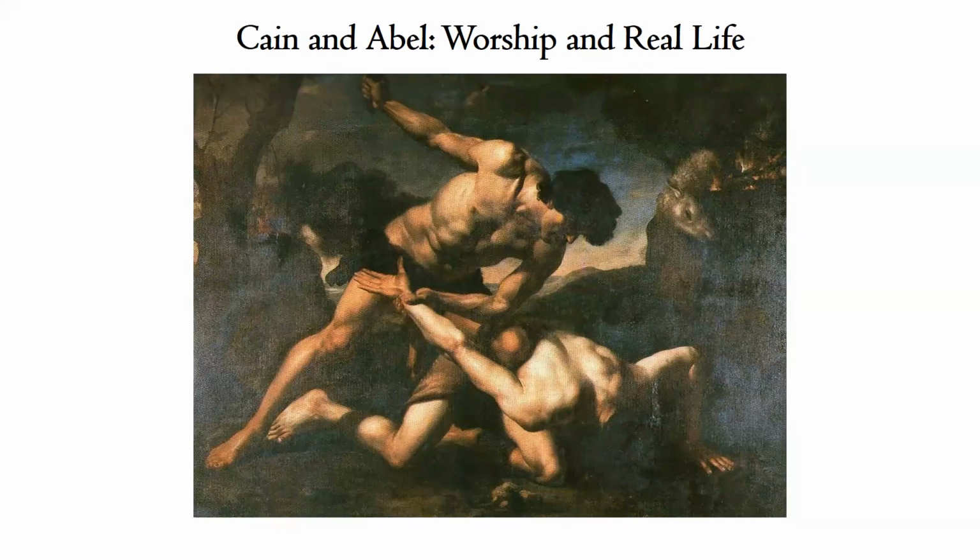Well, you know the rest of the story and how their worship got messed up, and so did their real life. Cain became jealous of Abel and kills his brother, and Cain is banished. So just put that in the back of your mind there, that worship is so important, and it affects our real life as it did with Cain and Abel.